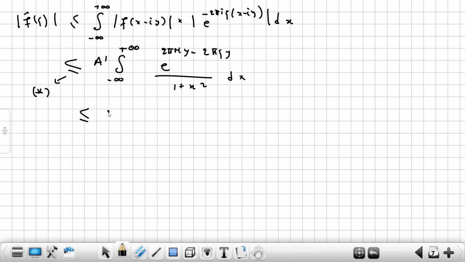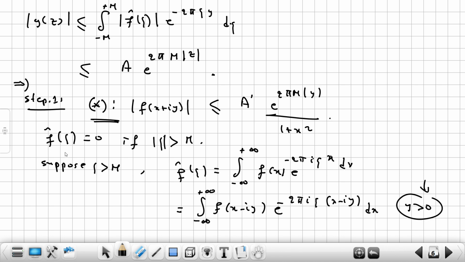This is less than or equal to what? C e^(2πy(m - ξ)), C is of course a positive constant. Now m - ξ of course is negative, since initially we supposed that ξ is greater than m.